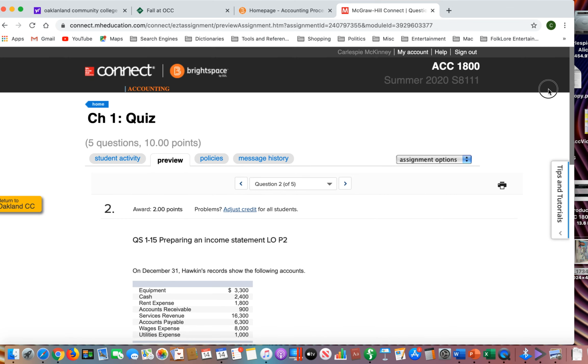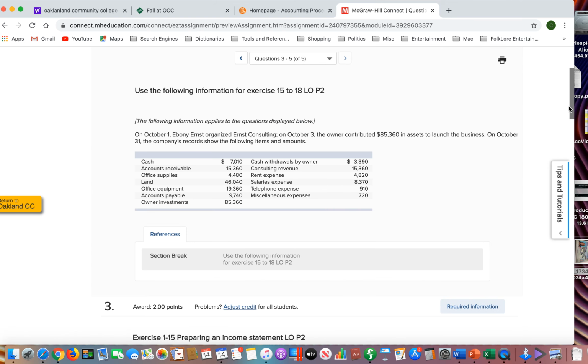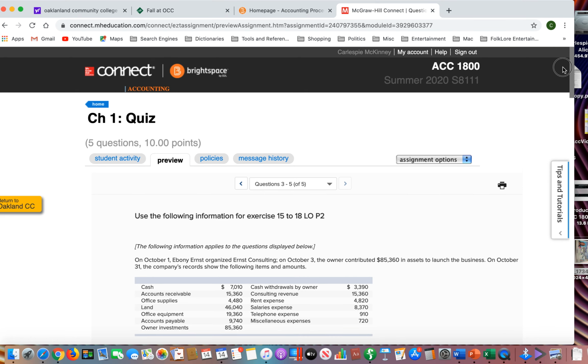Now let's go to the next one. Let's see what we have here. Again, here we have accounts and some information. It's a consulting firm, and the owner contributed $85,360.